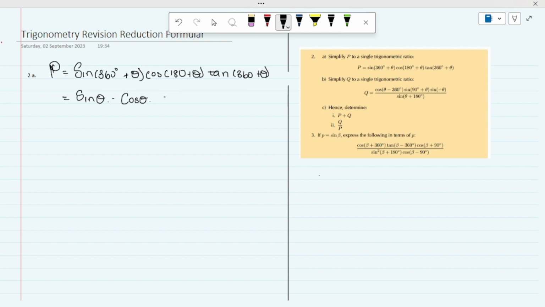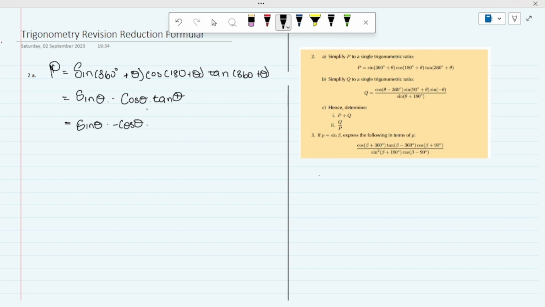We know that tan is positive in the first quadrant, so it's gonna be tan theta basically.